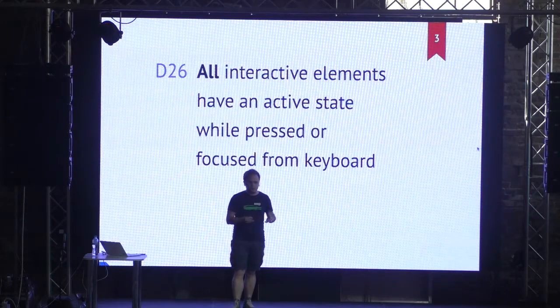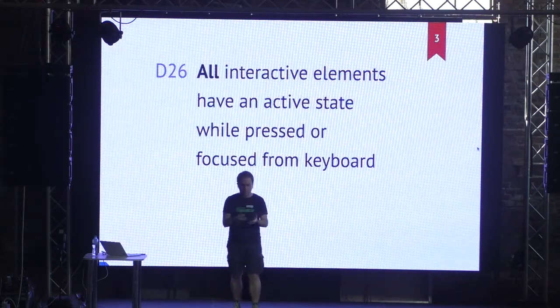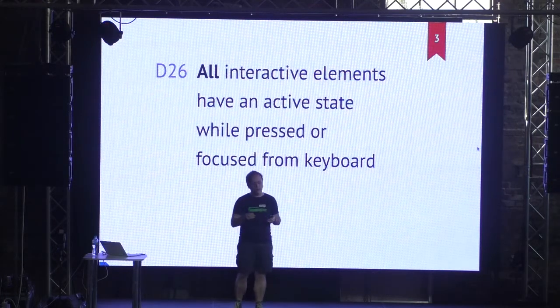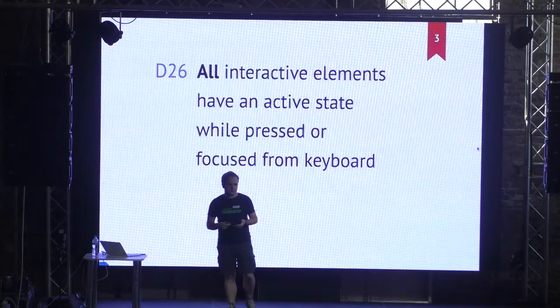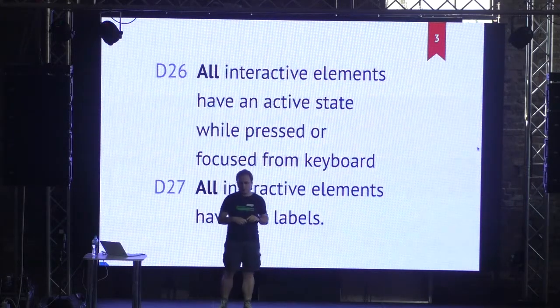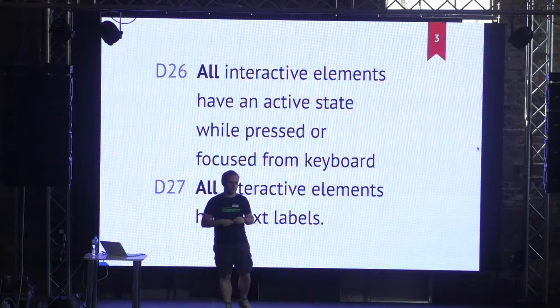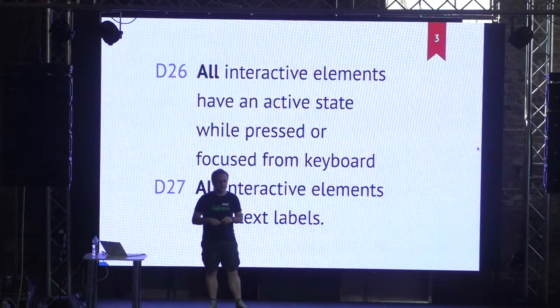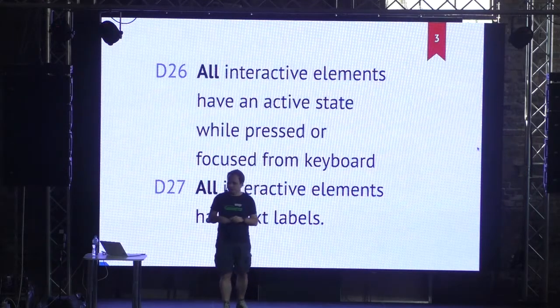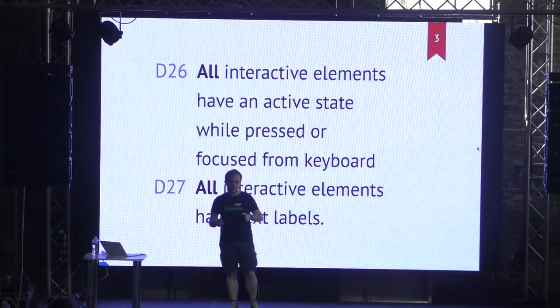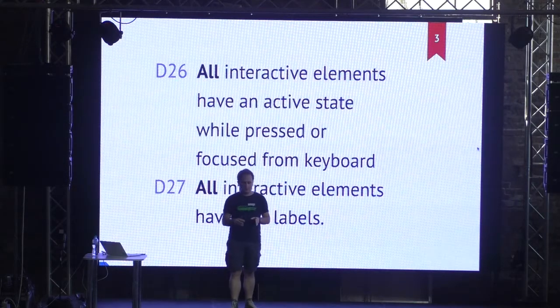You should be able to see where you are now and where to go next. This is a crucial thing for interfaces. And the second criteria is that all interactive elements have text labels. So no empty buttons, no empty elements, no mystery things on your pages. Everything is labeled, everything is focused and interactive.